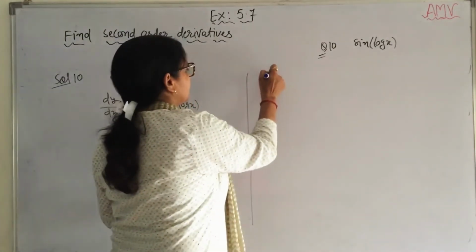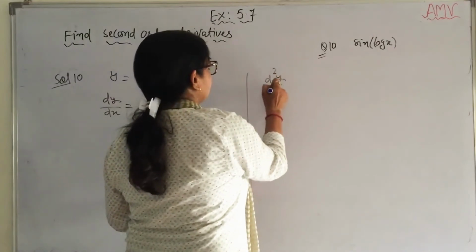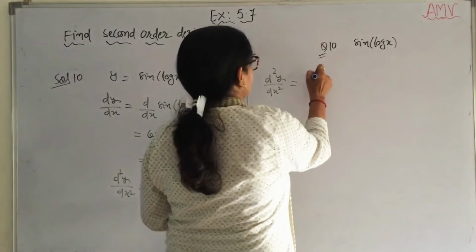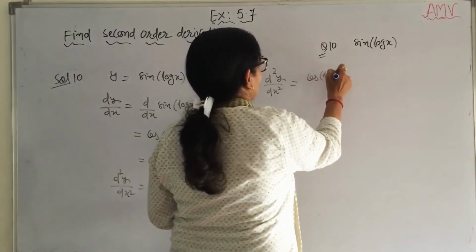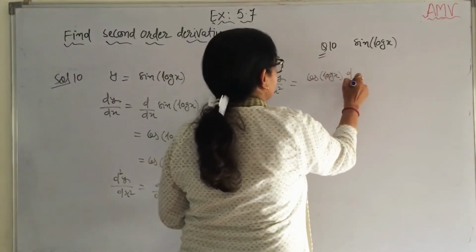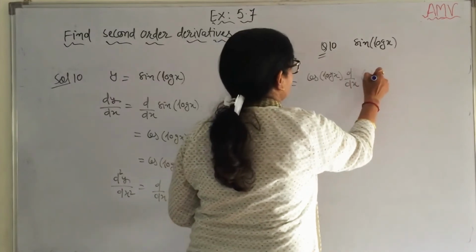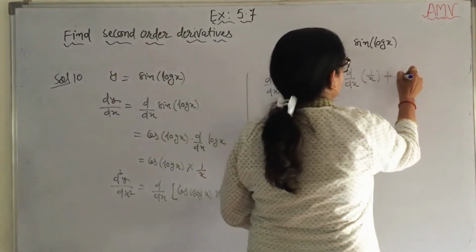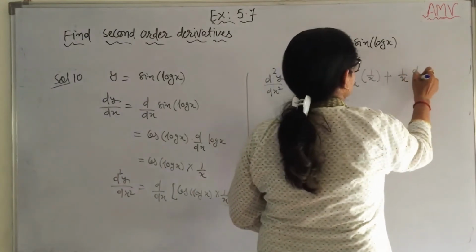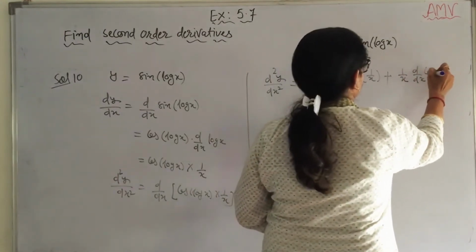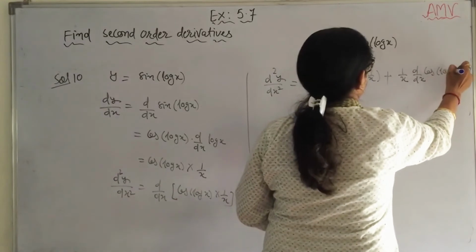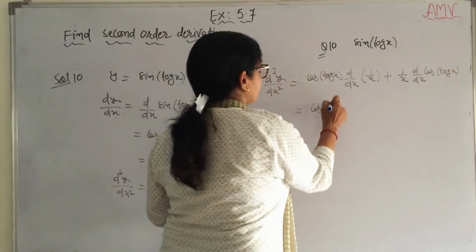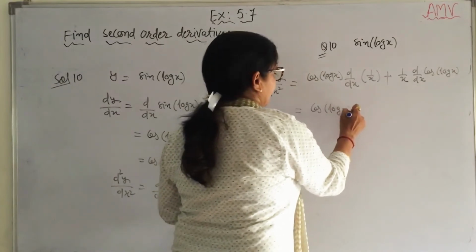So for d square y by dx square, first cos log x write as it is, and derivative of 1 by x. Then plus 1 by x write as it is, and derivative of cos log x.